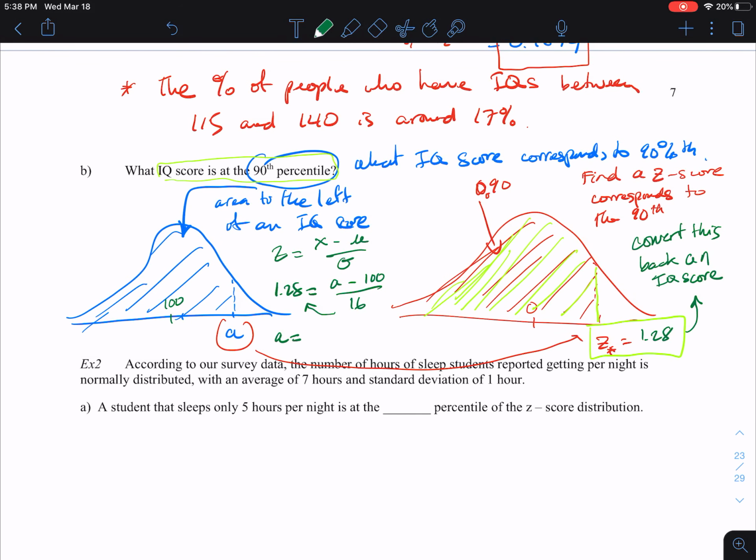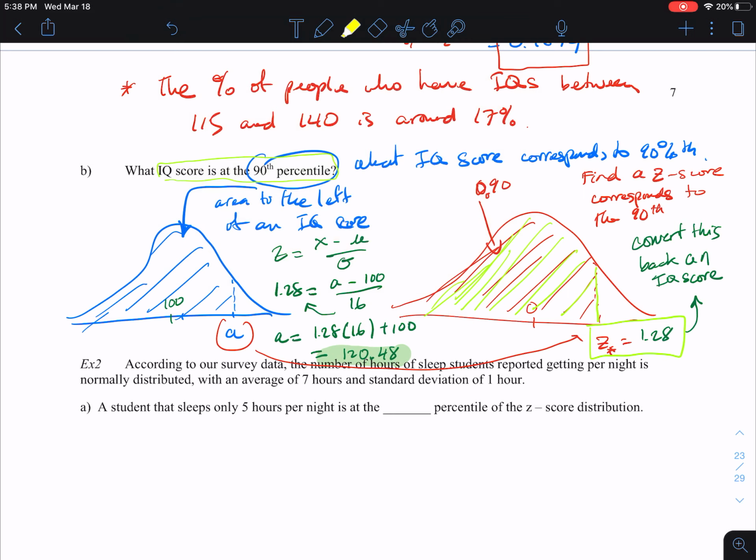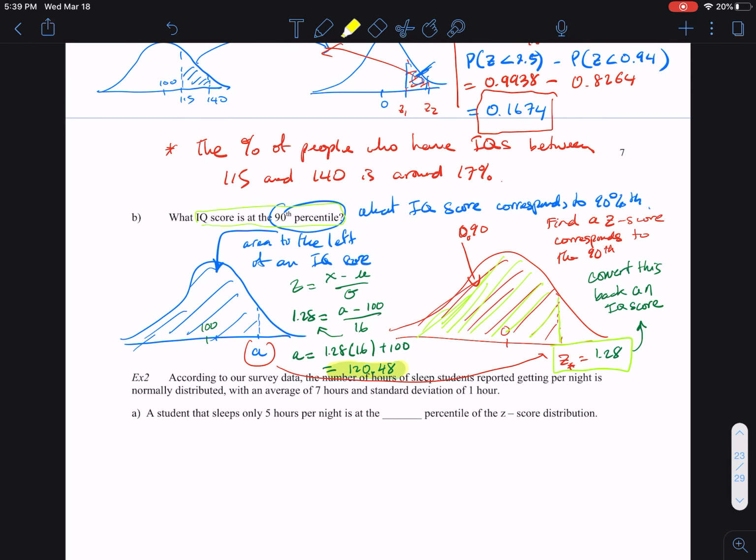So x is 1.28 times 16 plus 100, and that score there is 120.48. So if someone has an IQ score of 120.48, then that person is at the 90th percentile, or that person's score is greater than 90% of all the IQ scores. Okay, so that is the answer for part B.